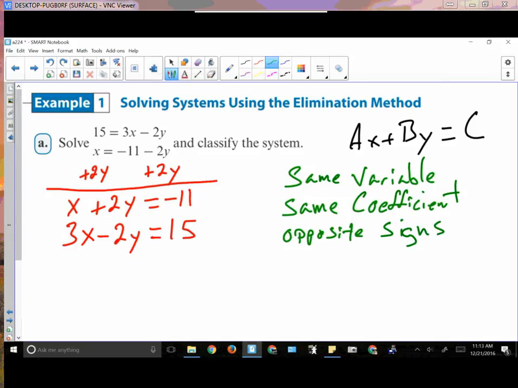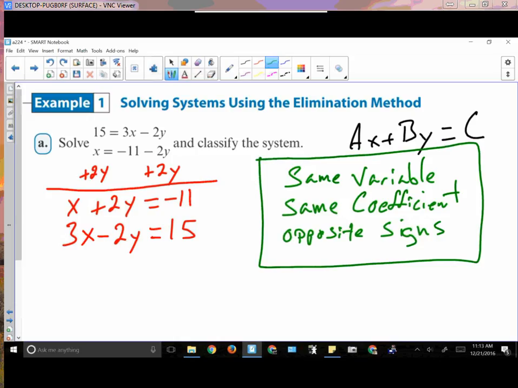Okay. So these three things are extremely important. They're the whole key to it. If I have the same variable, with the same coefficient, and with opposite signs, I've got them.